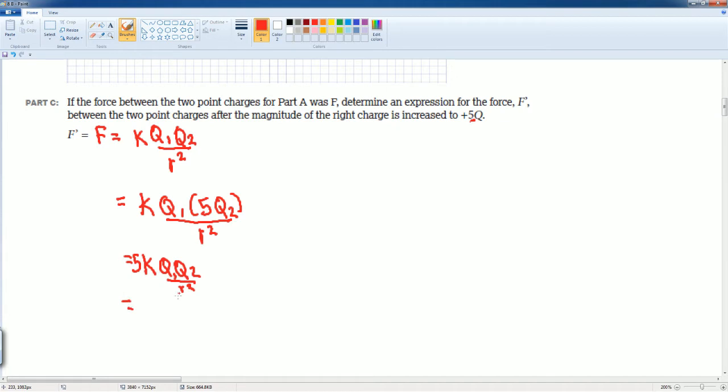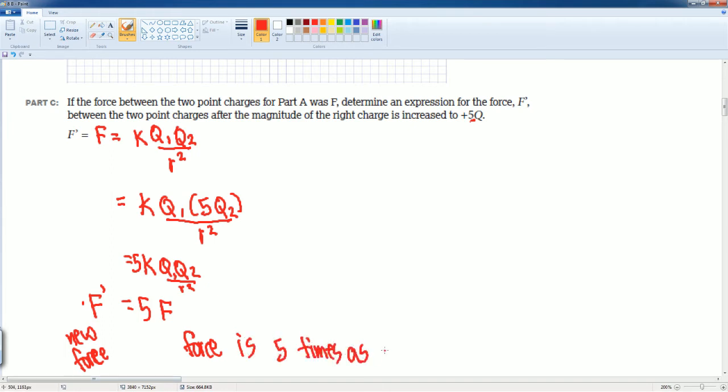K Q1 Q2 over R squared is just the original F. So when we multiply the magnitude of the charge by 5, the new force is 5 times as much.